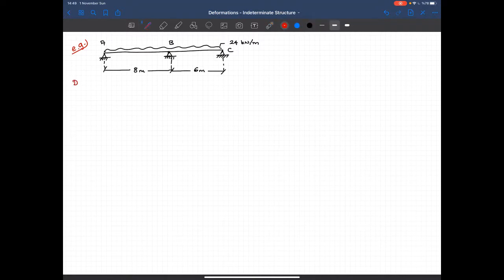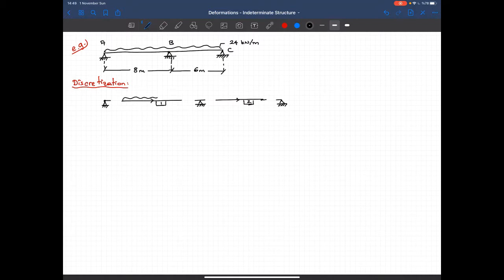Our starting point is we'll do the discretization. So here I have a node, a member AB, node B, member BC, and we have node C. Let's say that that's my first member, that's the second member.